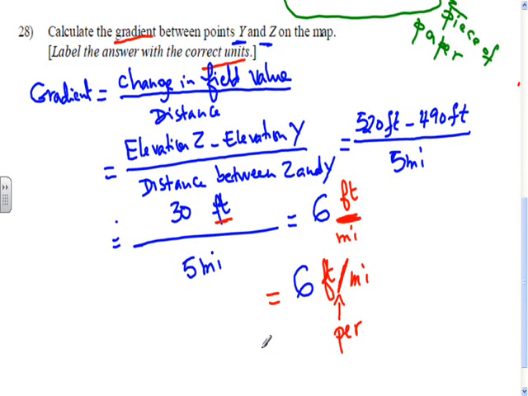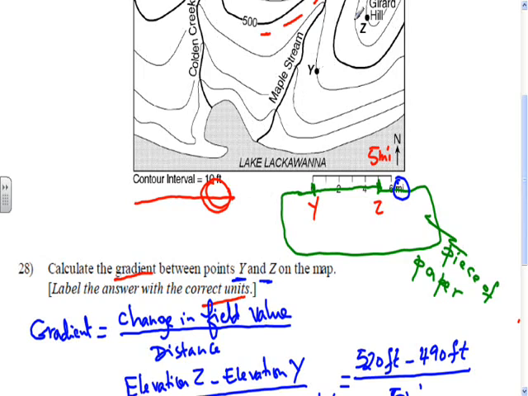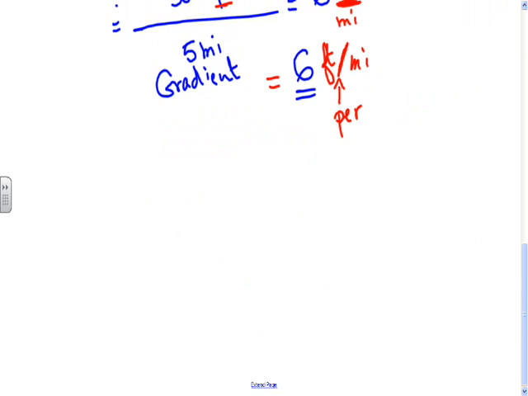So what this number means, I talked about this in class, so I'm going to do it now again. Imagine for example you're going from Y to Z. Let's put here Y, and here for example Z.